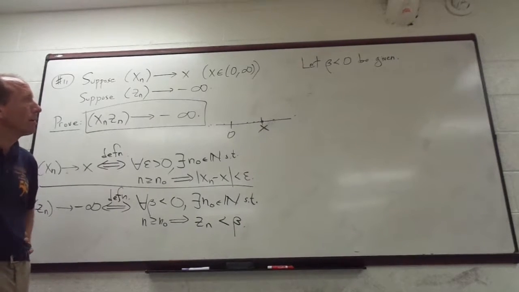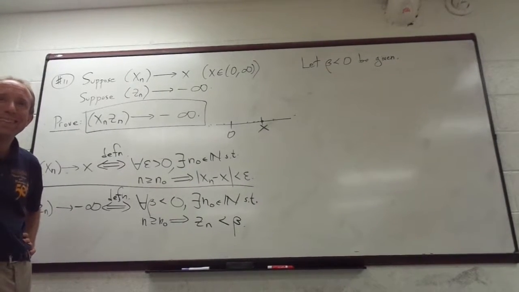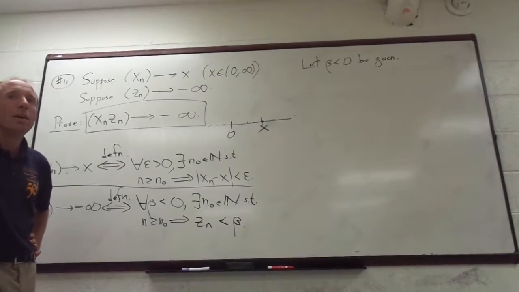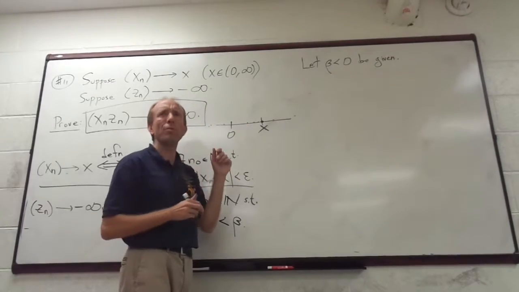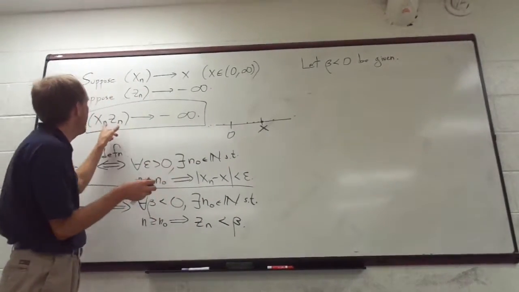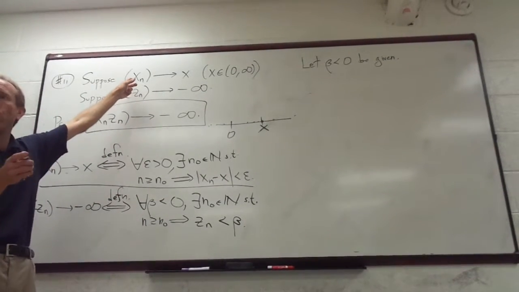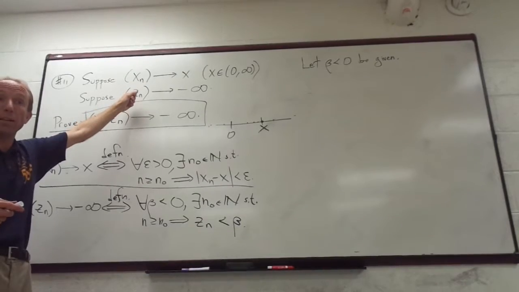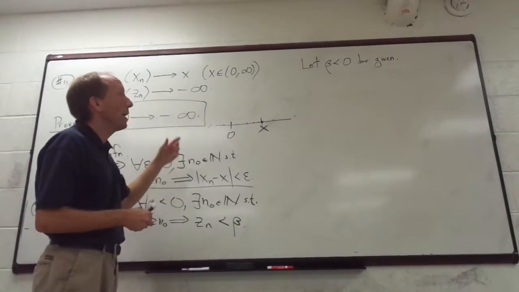Could I just let epsilon equal 1, or would there be a different choice? X over 2, because you don't want 1. Let's keep 0 out of this. We don't want these terms to go negative, because if they do, you might have Zn going towards negative infinity, but if terms of the x sequence are still negative, then the product would blow up to plus infinity, not minus infinity.